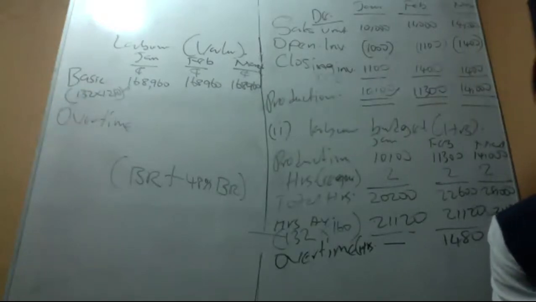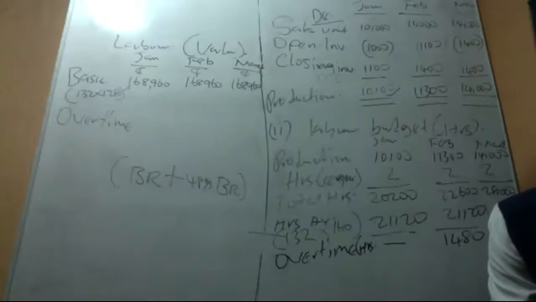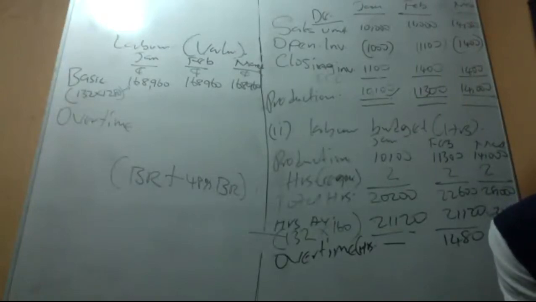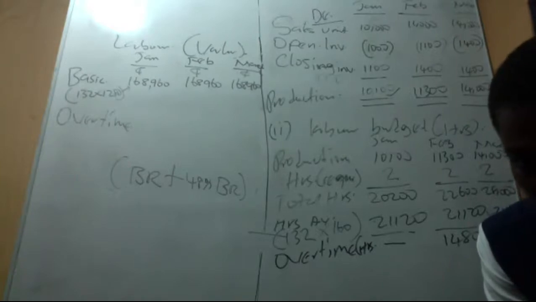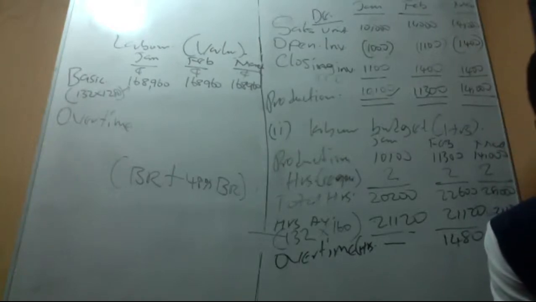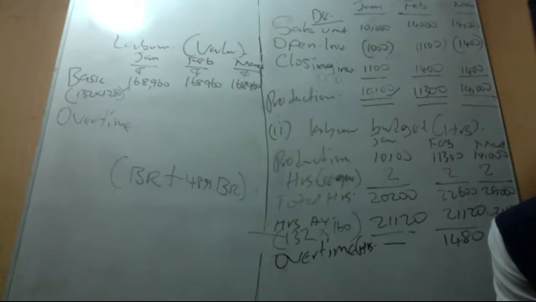So for a day that you work for, let's say 8 hours a day. Is it 8 hours? Yes, 8 hours a day. Then you get more than 9,000 Ghana cedis a day. Wow.